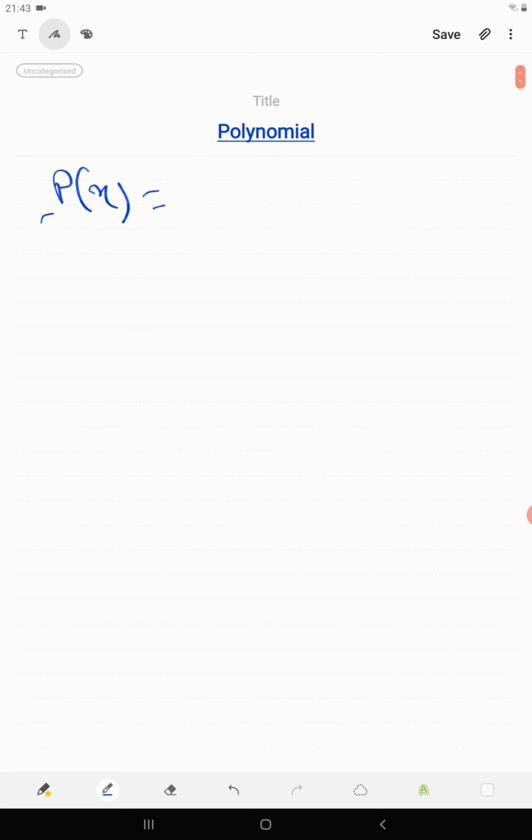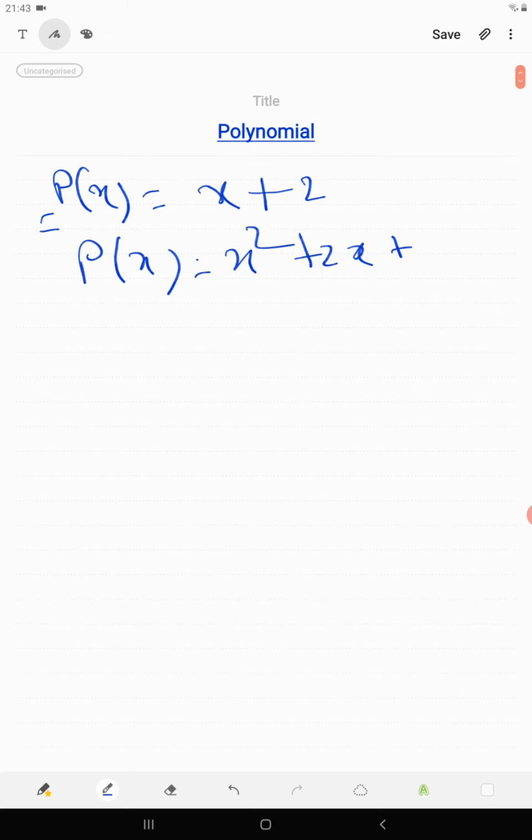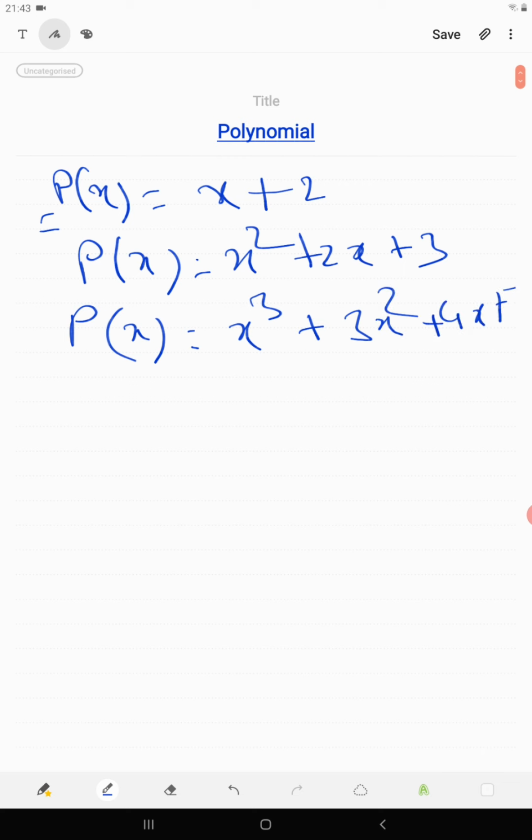So here I am telling you this polynomial is of the form px equals x plus 2, or px equals x square plus 2x plus 3, or px equals x cube plus 3x square plus 4x plus 3. So you can see all three are polynomials. Okay, so this is a linear polynomial.